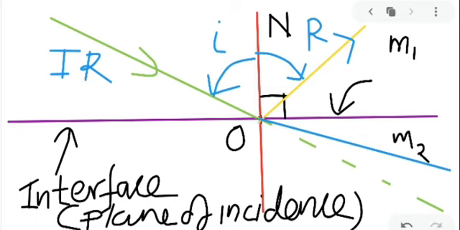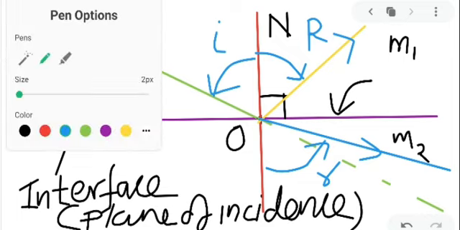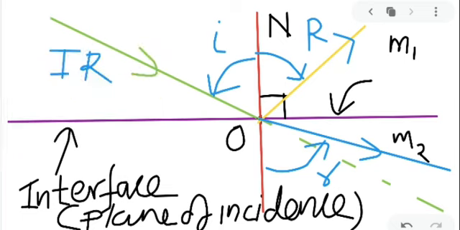So when does this particular case happen? This happens when medium 2 is of lesser optical density compared to medium 1. So this angle has increased, and this angle is actually called the angle of refraction. We have 3 angles here, but only 2 of them we will refer to.